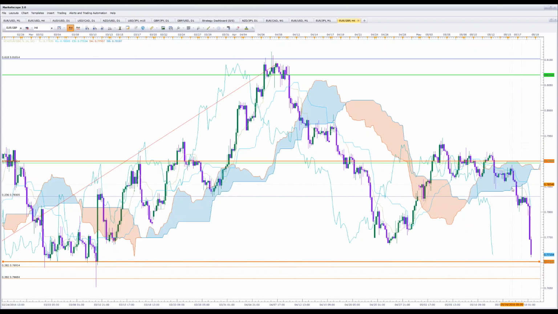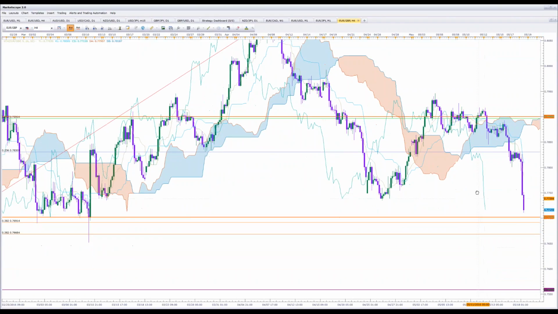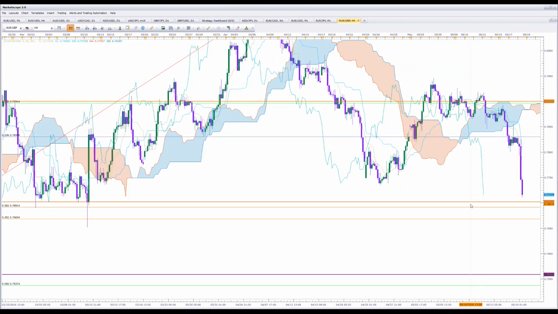So if you already are in a euro pound trade, in a short-term trade, you might as well get out now because the next stop is our pivot level. Long-term traders is a different story, right? We're talking about short-term trades at the moment. And so the pivot zone remains the same over here.